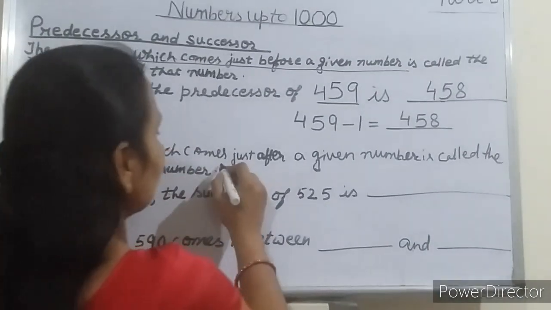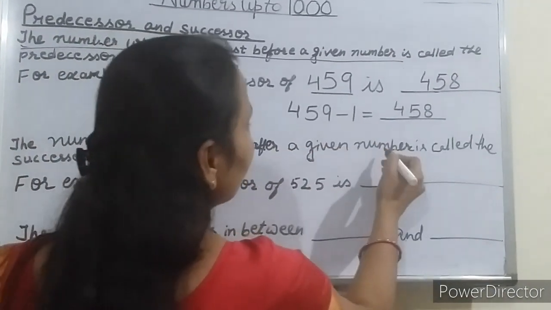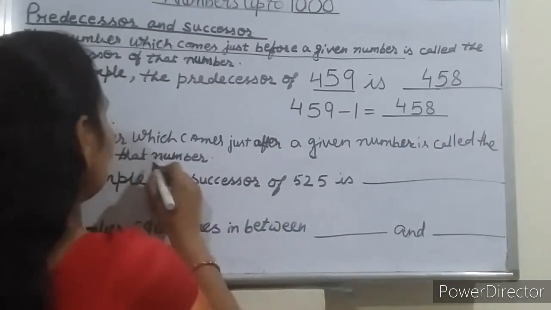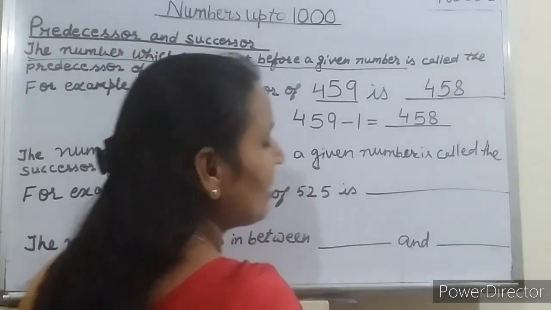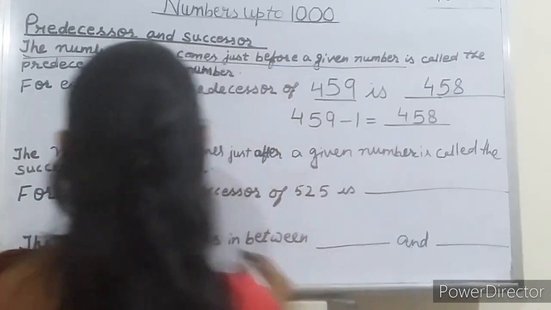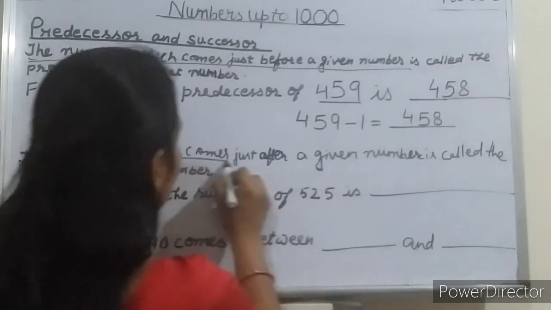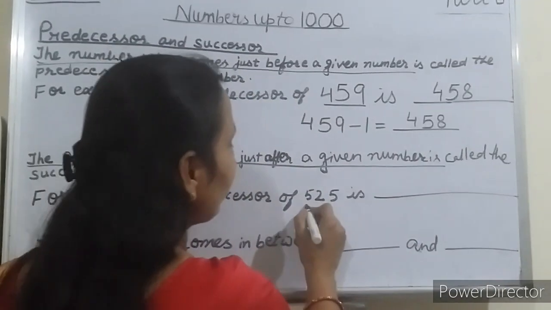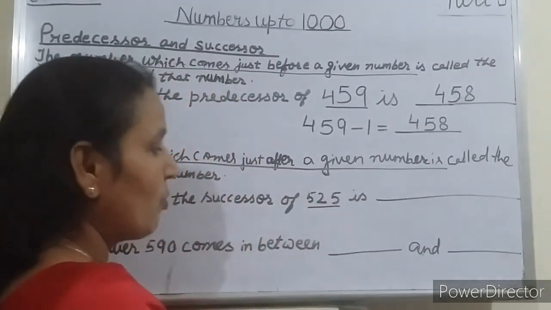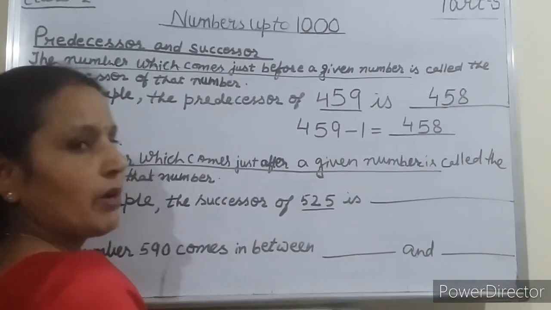The number which comes just after a given number is called the successor of that number. So for example, the successor of 525 is... here what we have to do? The number which comes just after a given number. So what is the given number? 525. What comes after 525?